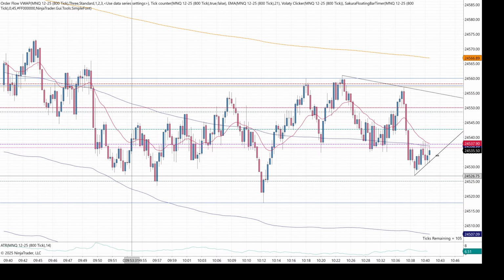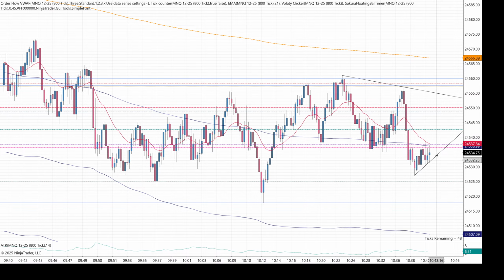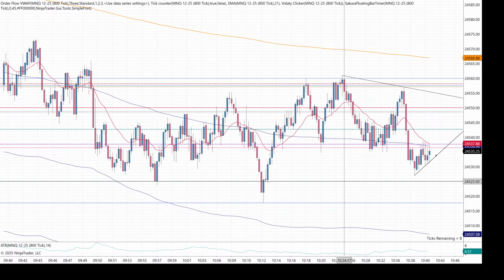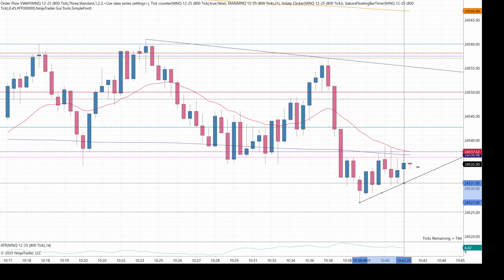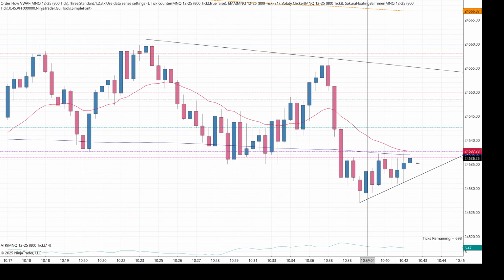This area here, maybe. Shoulder, head, shoulder. But we didn't quite make it to the shoulder. It's like a slanted shoulder. All right, let's just see what happens.